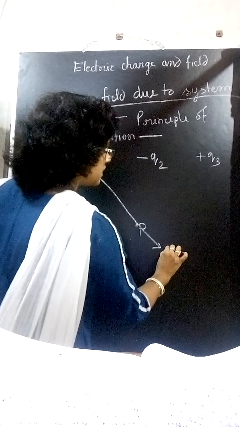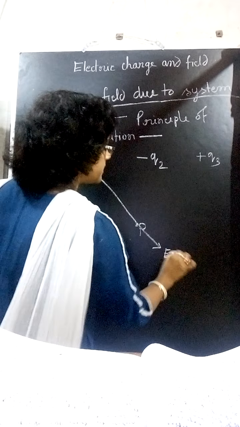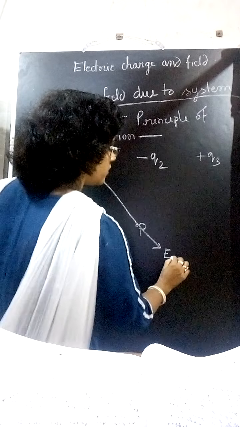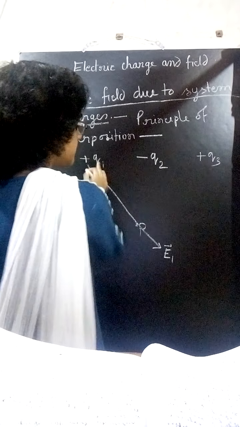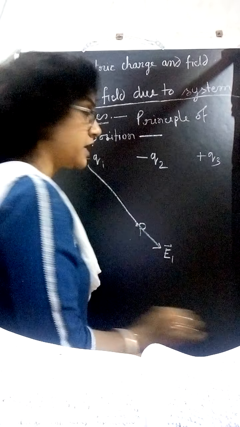It is the electric field due to the first charge, E1. As it is a positive charge, it will be in the outward direction.